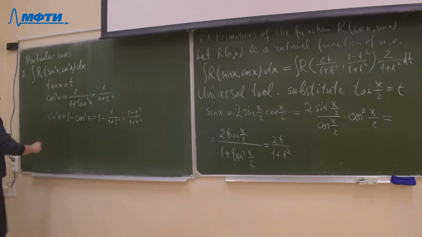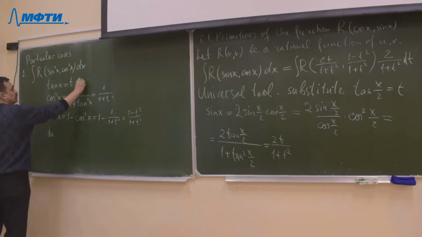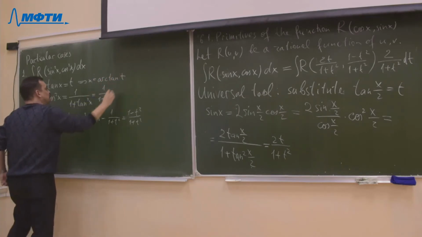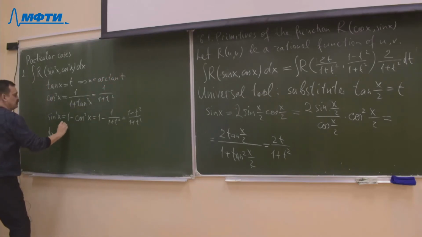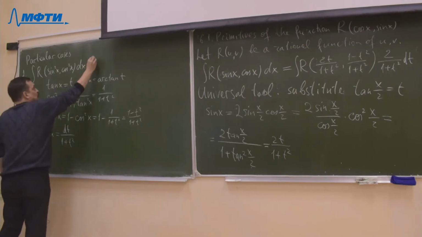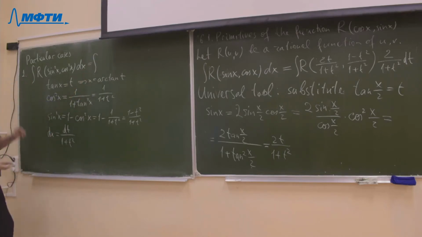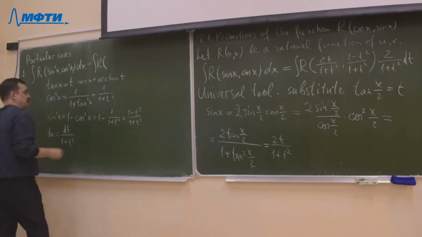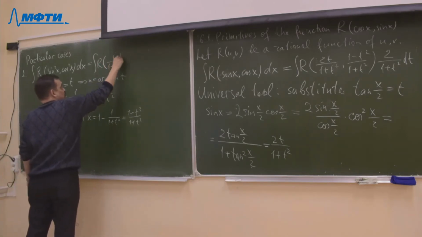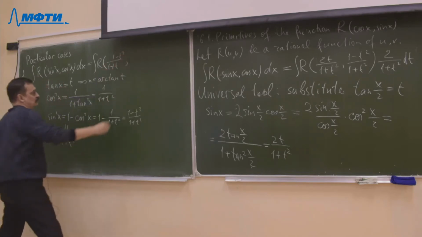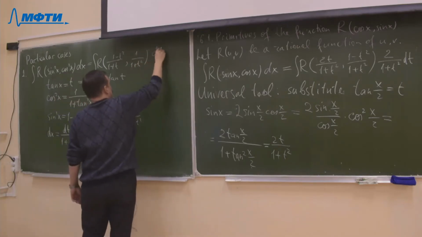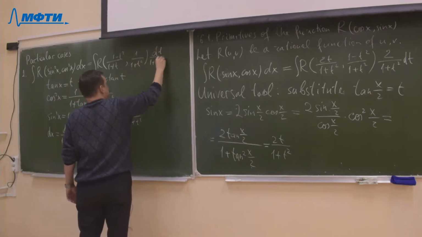And lastly, dx: x is arctan t, so dx is dt over 1 plus t squared. After that substitution, we obtain the integral of a rational function, 1 over 1 plus t squared, and so on, dt over 1 plus t squared.